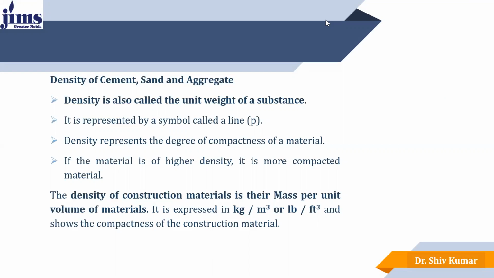The density of a construction material is the mass per unit volume of the material, and it is expressed in kilogram per cubic meter or lbs per cubic feet, and shows the compactness of the construction material. So by the density, we can get how compact the material is, and the degree of compactness shows the strength of the construction material.